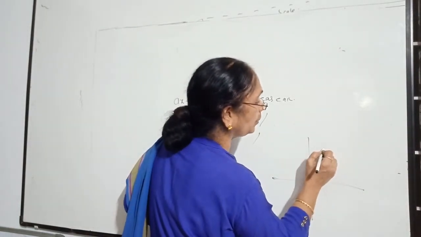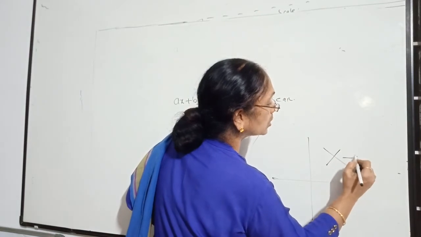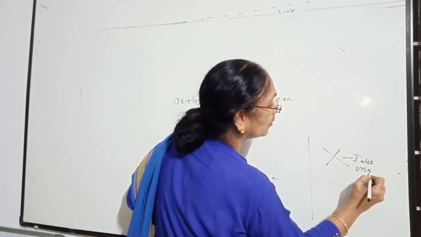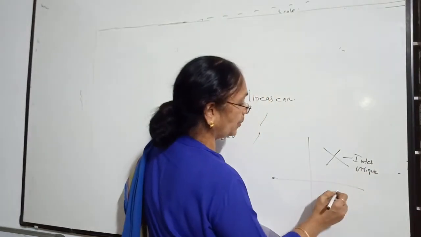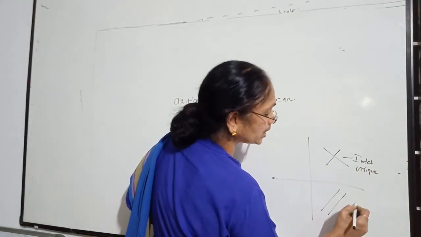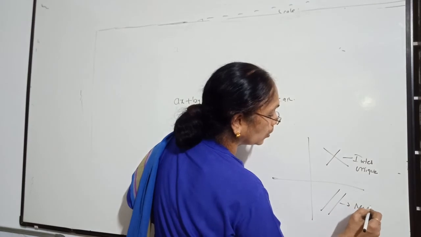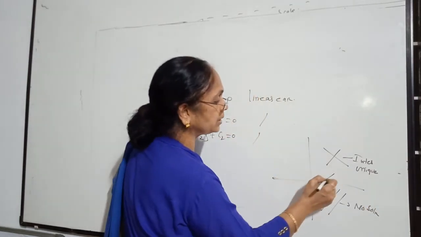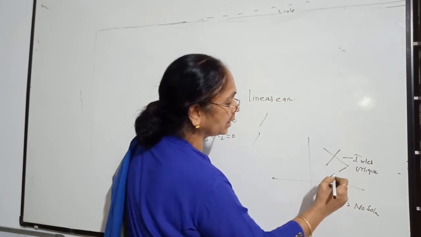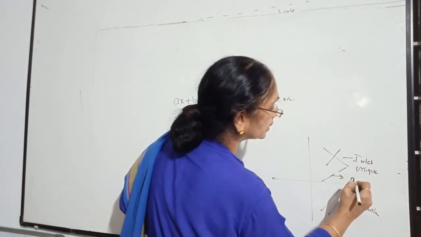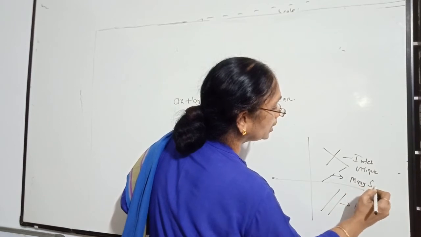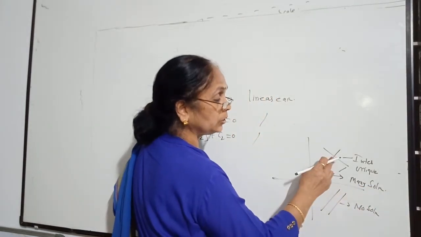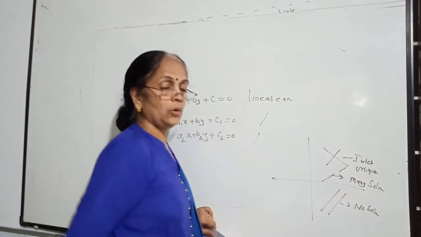Either the graphs will be cutting each other, which is called intersecting, and it has only one solution, or the graphs might be parallel. If parallel, it has no solution, or both the graphs might coincide as one single line, and it has many solutions. So this is infinite solutions, this is a unique solution, and this is no solution.